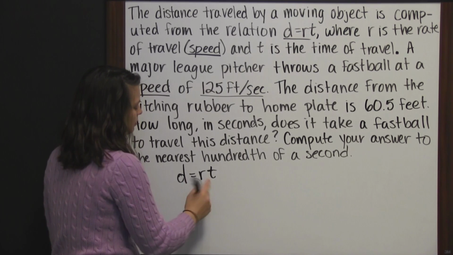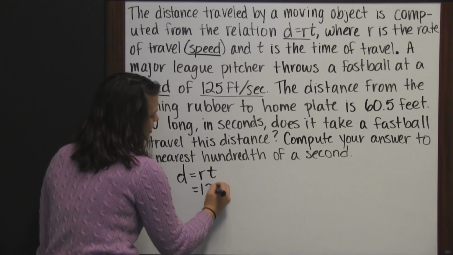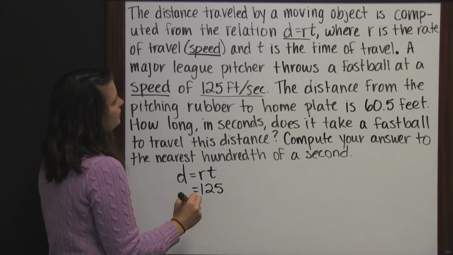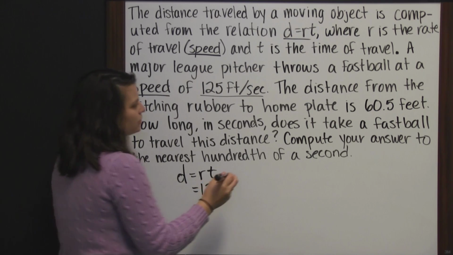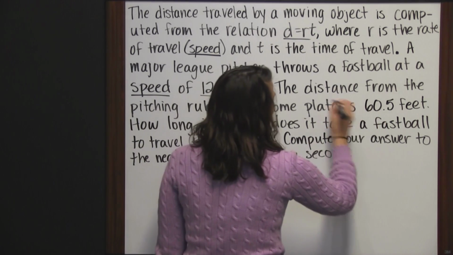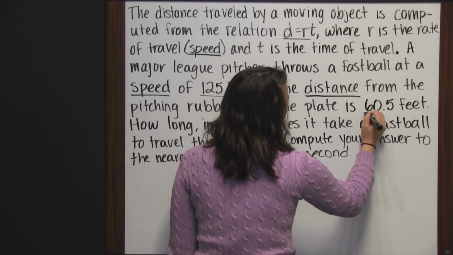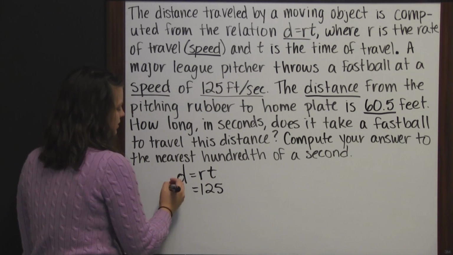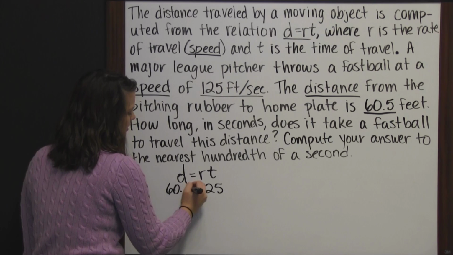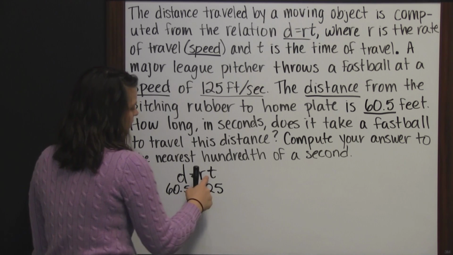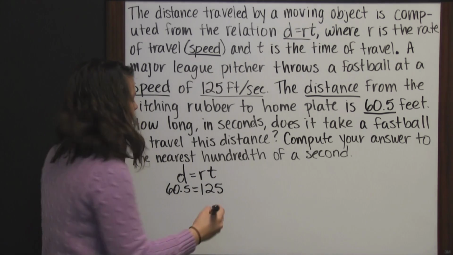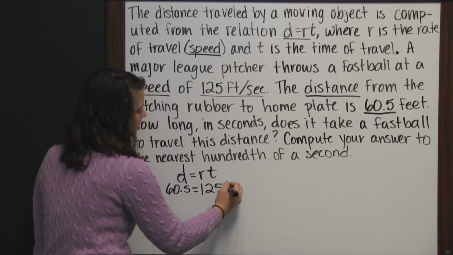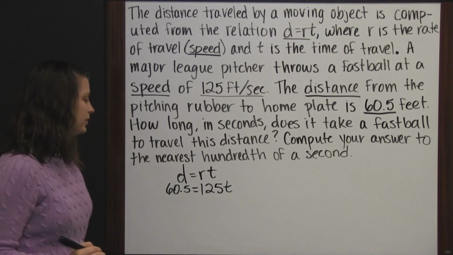So that means I'm going to replace r with 125. Then they also gave me the distance, 60 5/10 feet, which means I'm going to replace d with 60 5/10. And t is what I'm trying to find, so the t will stay there in my equation.